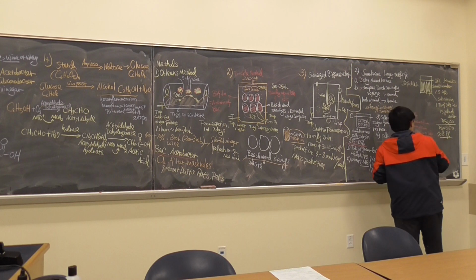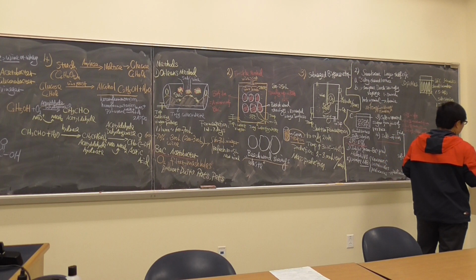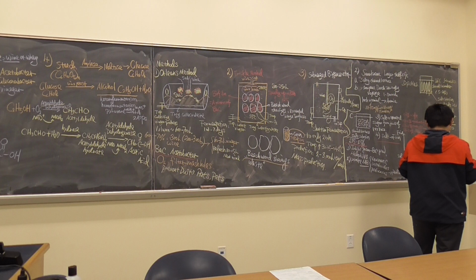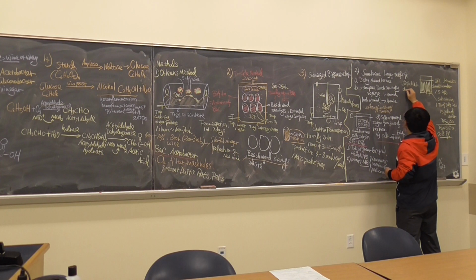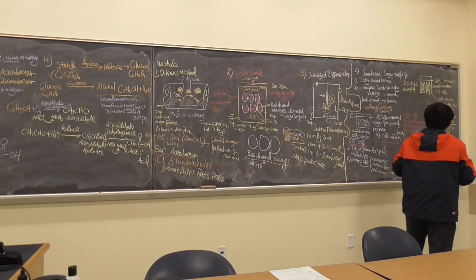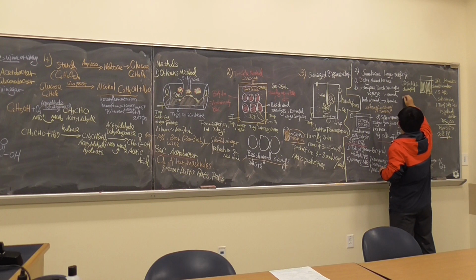What is the pickle's original color? The green color. So why the green color? Because the component is chlorophyll. What it looks like, the structure: you have a nitrogen, in the middle is magnesium, then you have a nitrogen here, and a nitrogen here.